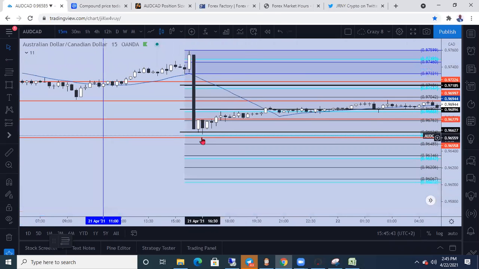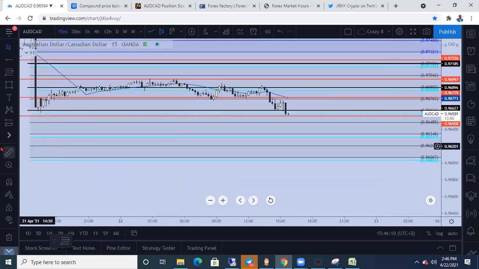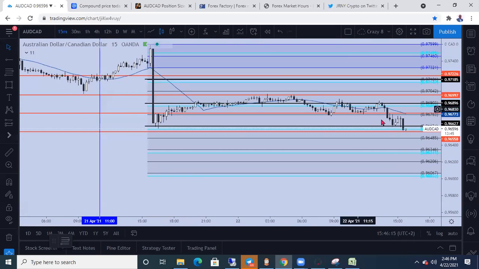You'd notice that I hit my 15 minutes TP faster than the H4, right? Sometimes the 15 minutes TP will be just before your TP2 on H4, meaning that you would have been out of that trade long ago, right? You would have been saved this massive pullback that occurred before price started coming back down. You would have been saved the whole of that if you took your take profits from 15 minutes, right?